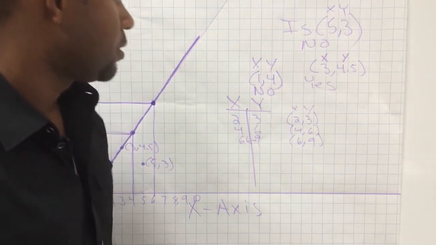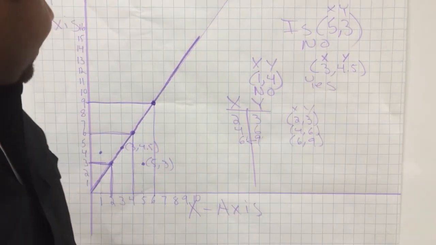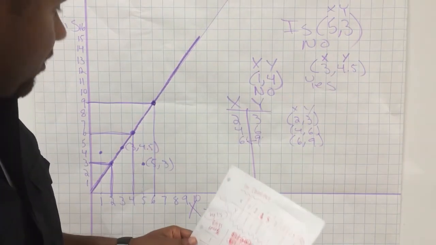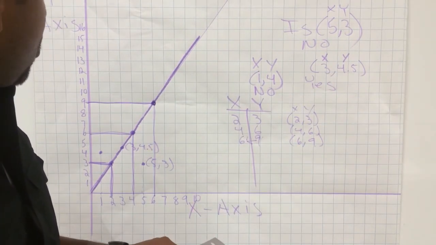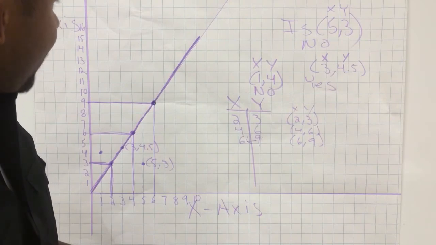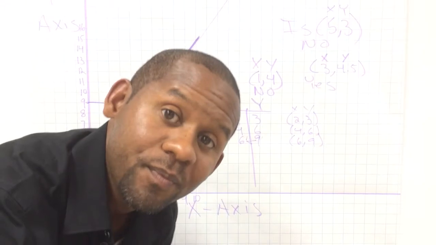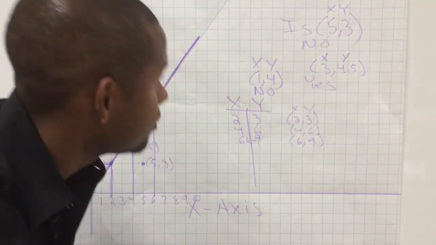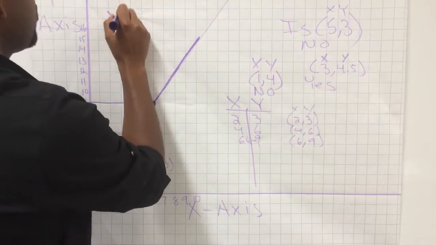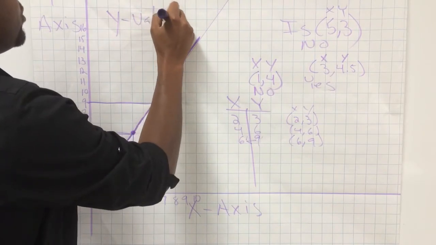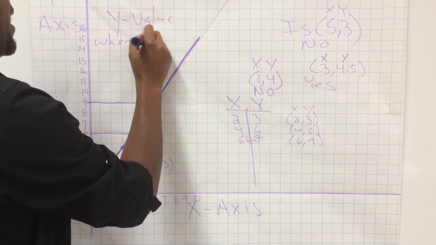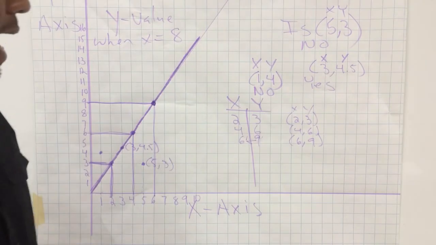So, let me figure out another one for you. What is the y value? It's the last question. What is the y value? So I want to know, what is the y value when x equals 8?